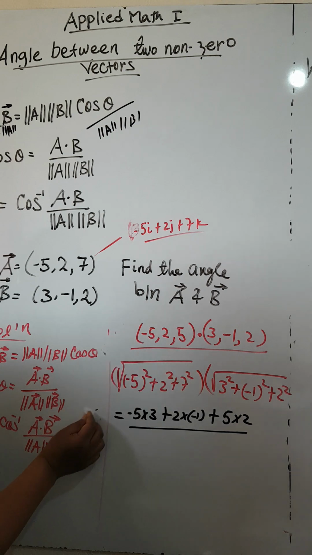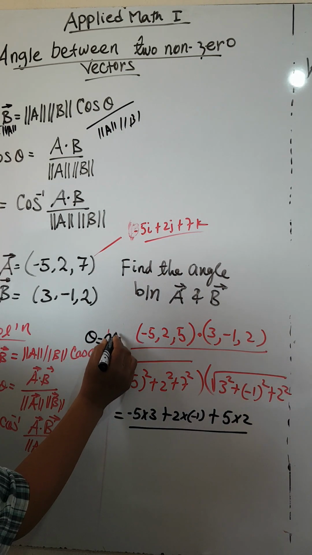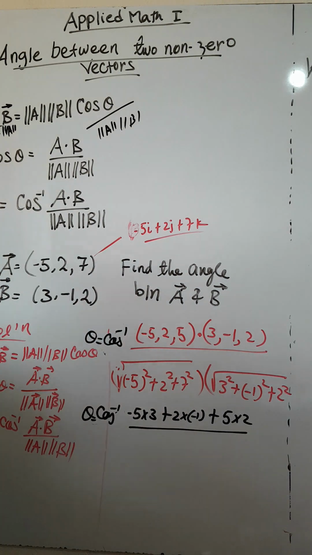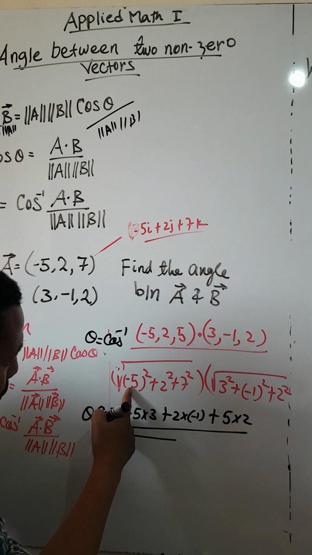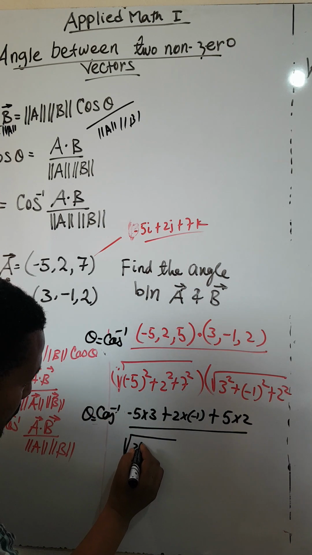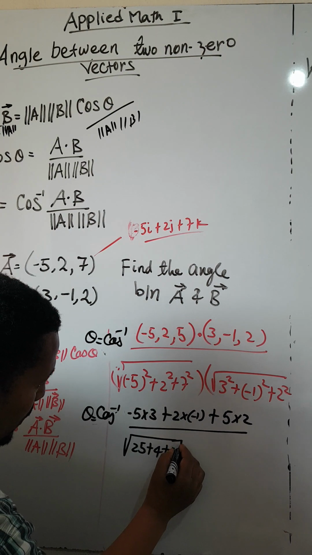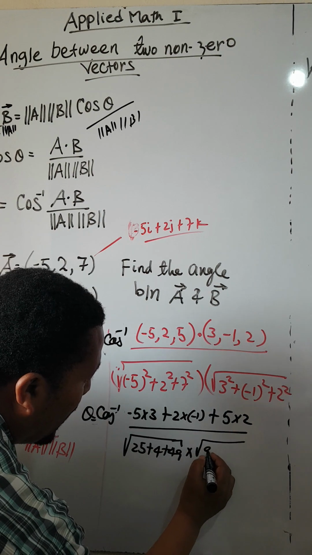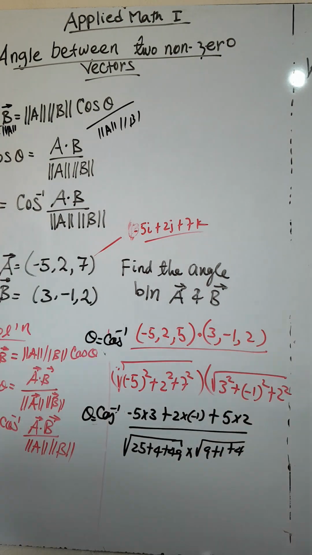Cos inverse እንላለን መጨረሻ። Theta is equal to cos inverse of this. እሺ ይሄን ካልን, now this is equal to: negative 5 square is 25, plus 4, plus 49, times 3 square is 9, plus negative 1 square is 1, plus 4.